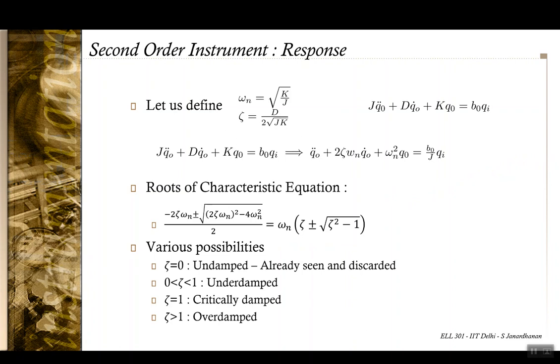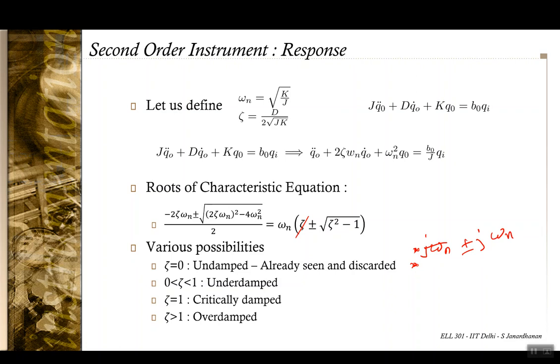Okay, so if zeta equal to 0, then this term goes off. You have two roots on the imaginary axis, that is plus minus j omega n.